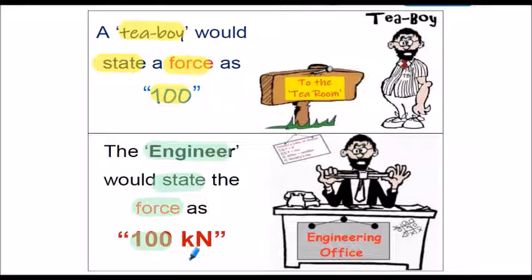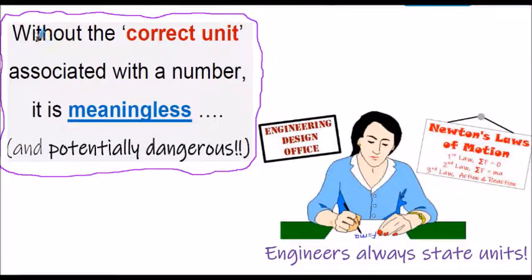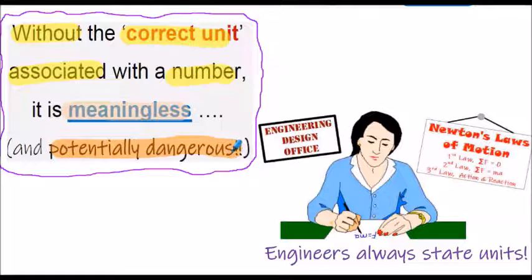For example, the newton, the kilonewton, meganewton, etc. Because without the correct unit associated with a number, it is meaningless. And of course, potentially dangerous. So engineers will always state the appropriate unit after numerical values.